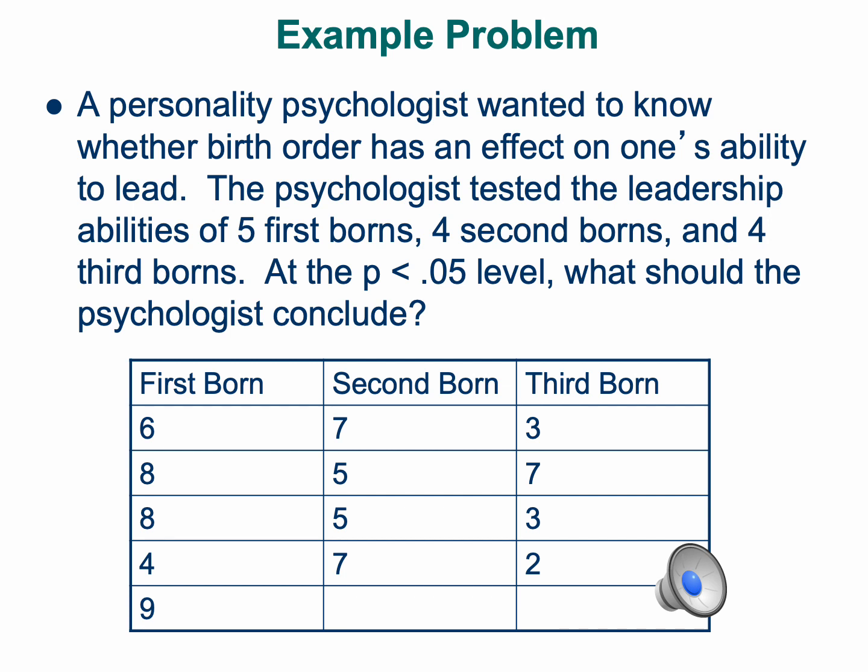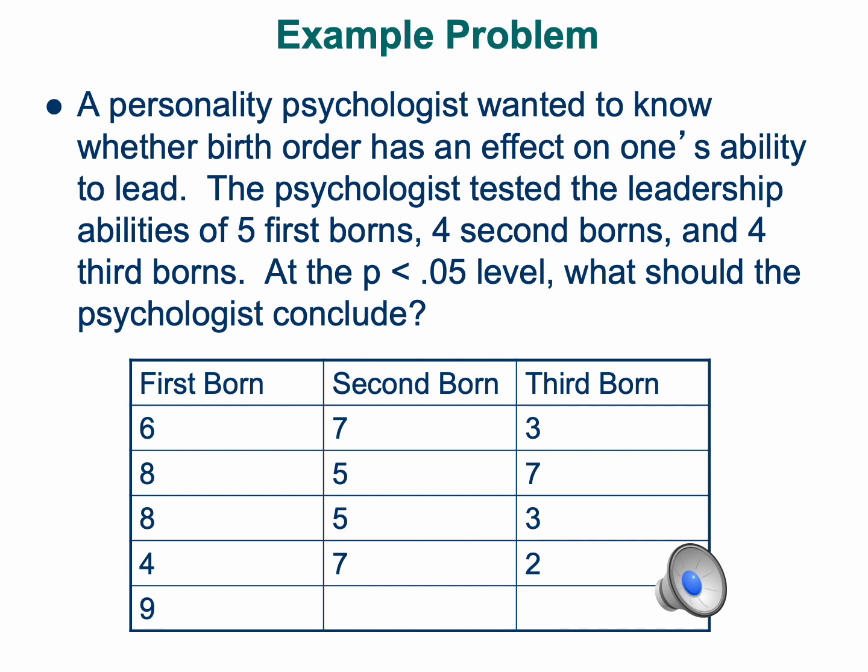Okay, here's an example that might help us get focused to understand what between and within estimates of variance are. Here you have an example where a personality psychologist wants to know whether birth order, whether you're firstborn, secondborn, and so on, is associated with your leading ability, your ability to lead other people. So the psychologist tests the leadership abilities of 5 firstborns, 4 secondborns, and 4 thirdborns.